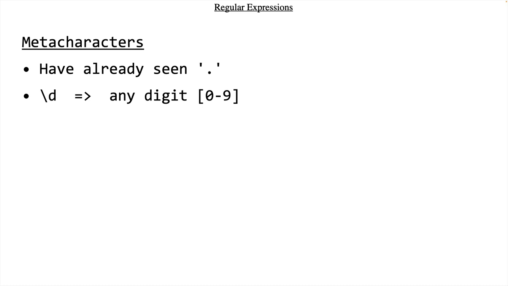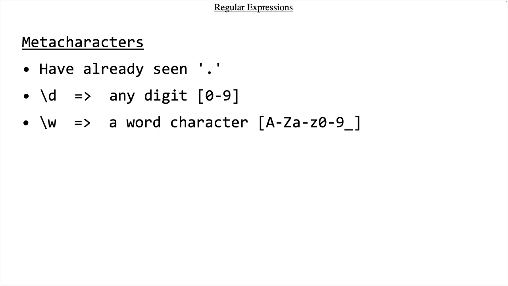So that would be the same as putting the character class 0-9, kind of a shorthand, if you will. \w means it's a word character, and a word character is considered A through Z, either uppercase or lowercase, any digit, or an underscore. So that's the character class there at the end that would represent a word character.